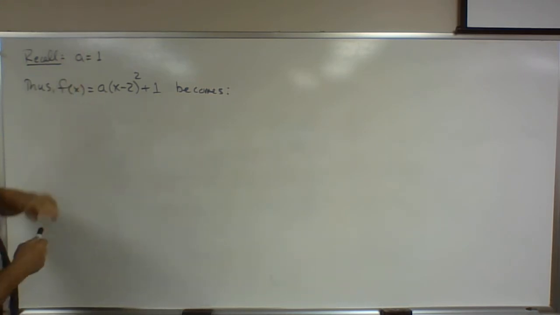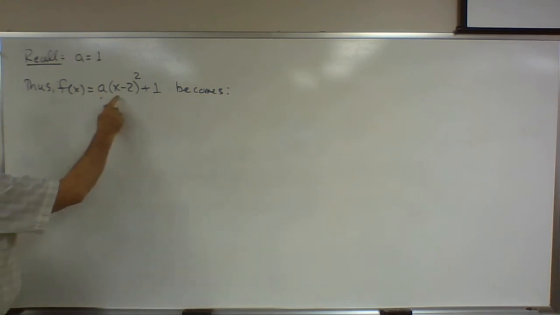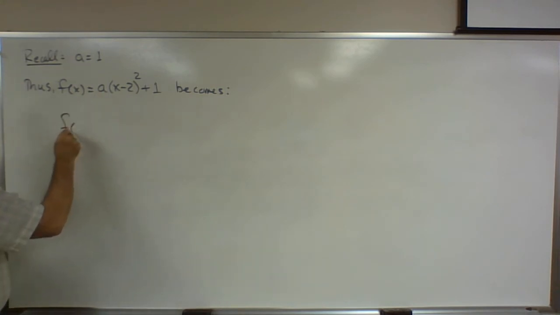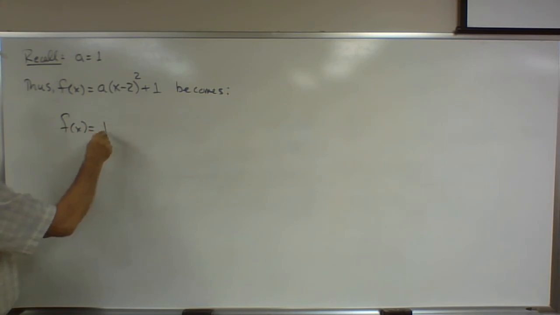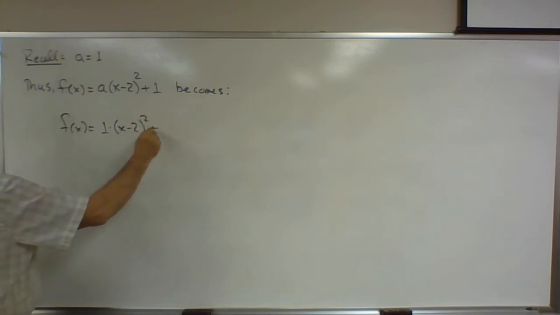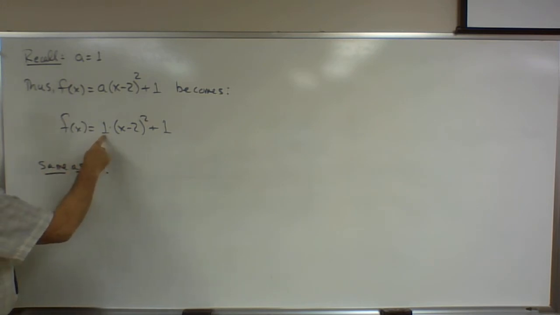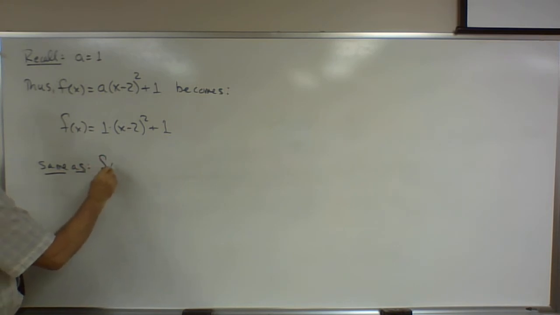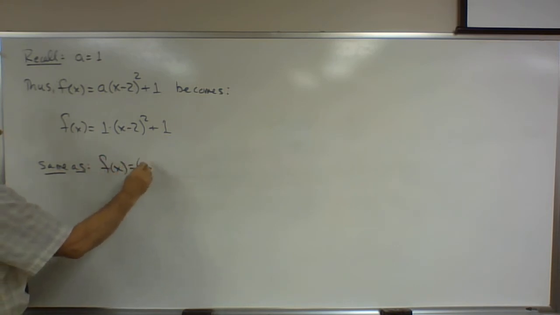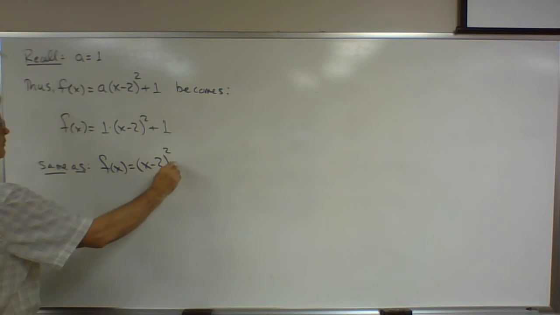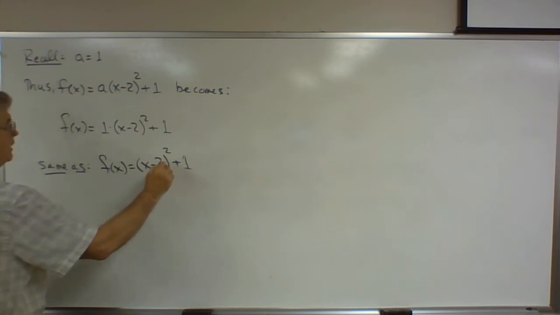So our quadratic function becomes f of x equals 1 times (x minus 2) squared plus 1. But typically we don't explicitly write a factor of 1. So we'll just say f of x equals (x minus 2) squared plus 1.